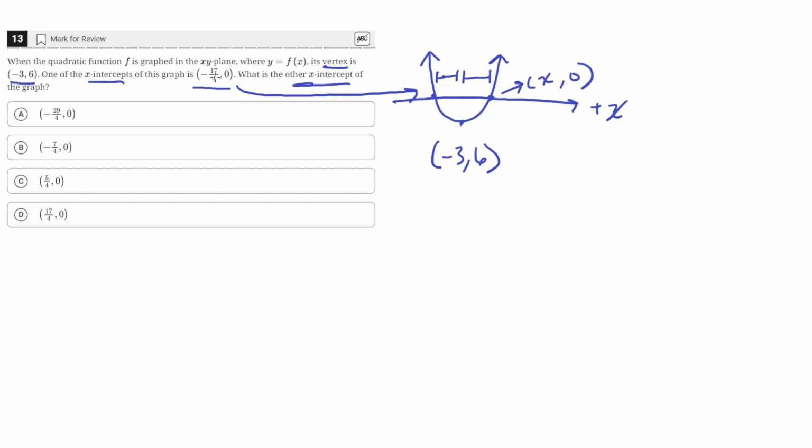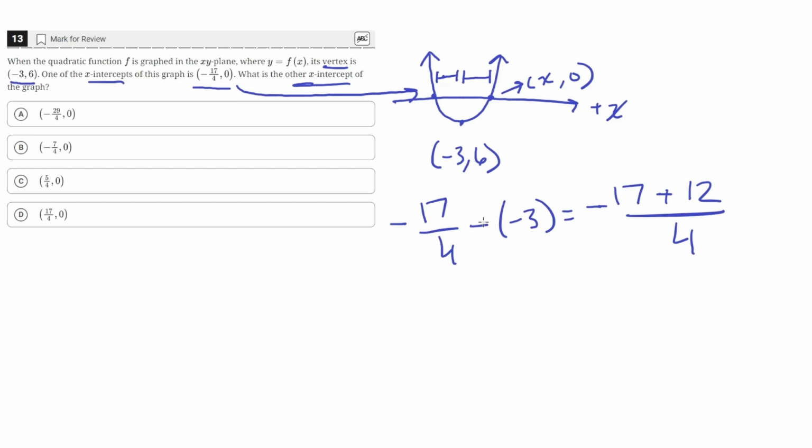we just need to find the difference between negative 17 over 4 and negative 3. So negative 17 over 4 minus negative 3 is equal to negative 17 plus 12 over 4.